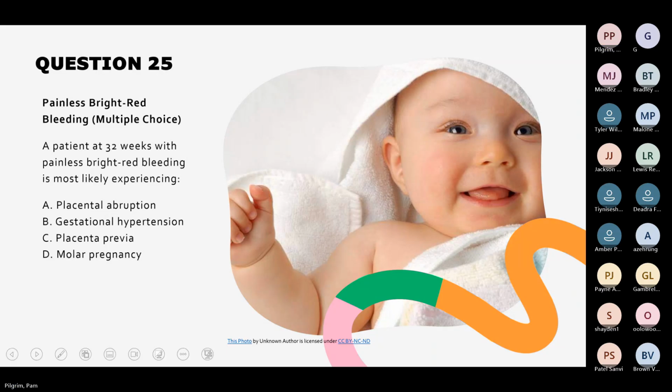So the answer to painless bright red bleeding is placenta previa. If it had pain and you had bleeding, it would be placental abruption. So painless, bright red bleeding is placenta previa.